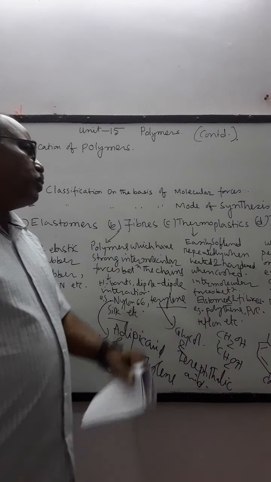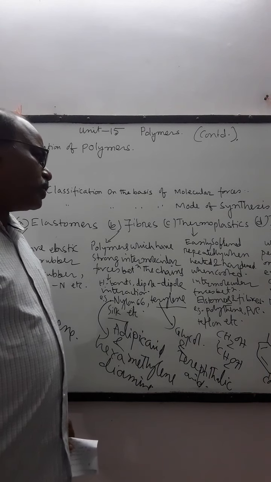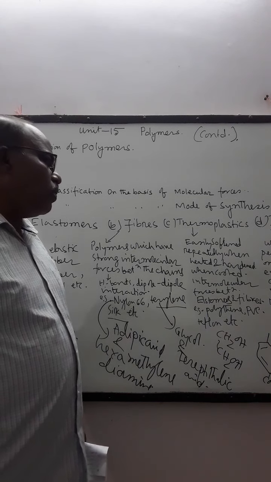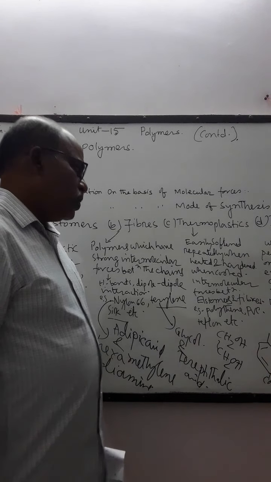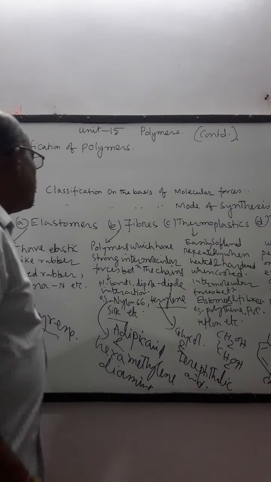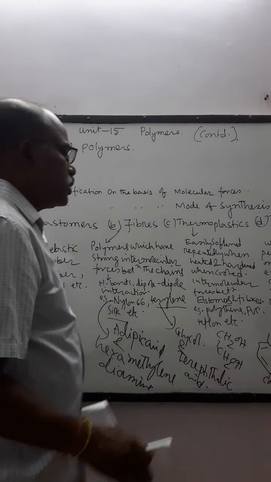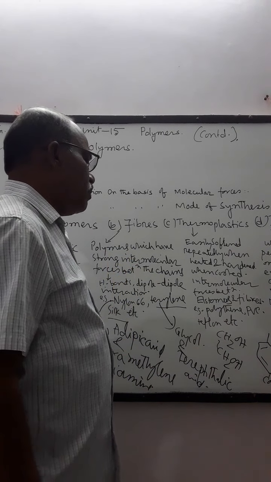Our third class is thermoplastics. Thermoplastics are polymers which soften on heating and harden on cooling. Here the intermolecular forces are more than in elastomers but less than in fibers.